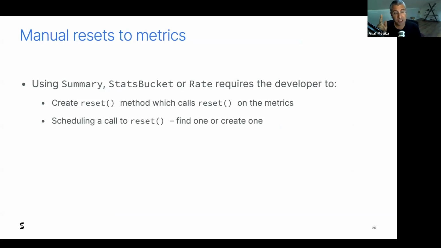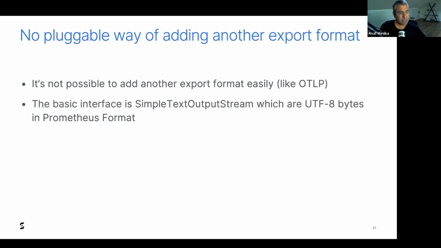And then you have to schedule a call to that method, find one or create one. The last problem is that there's no way of adding another export format, because the way that it's used today, like the simple text output stream, that UTF-8 bytes in Prometheus format, that's the interface. You can't really add another format on top of that interface. It's simply impossible.